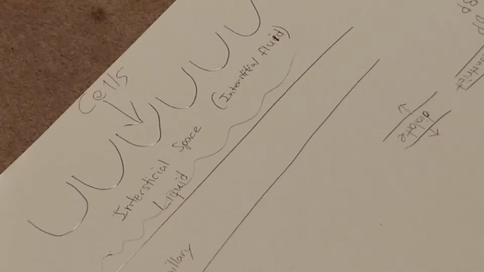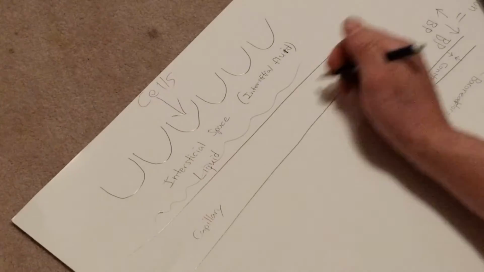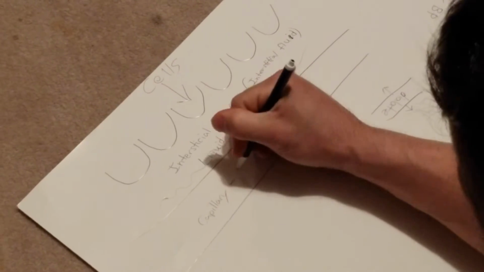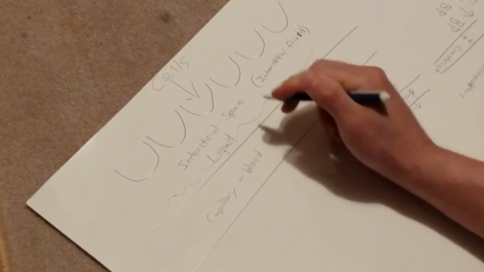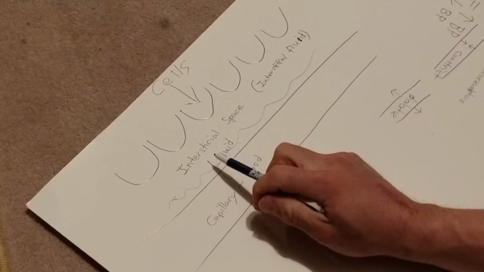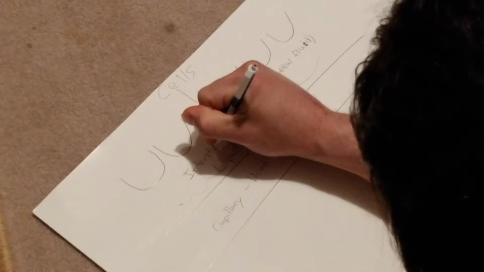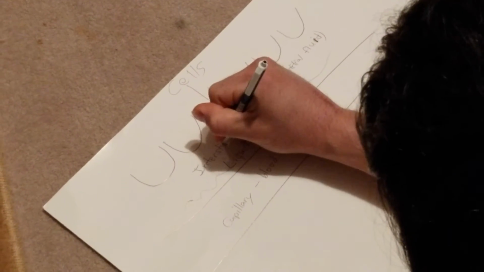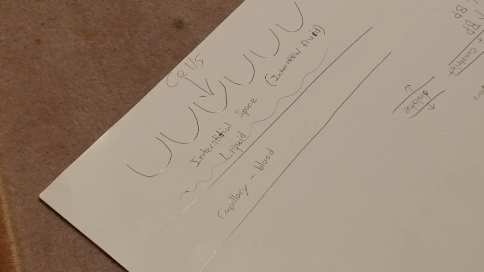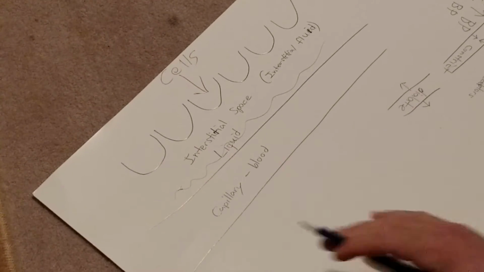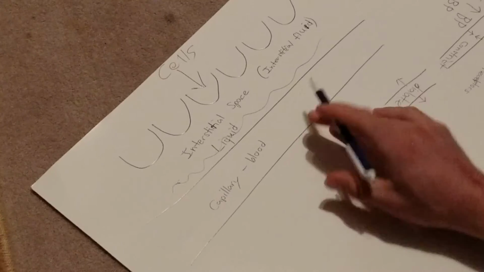Okay, so the way this works is inside of our capillaries is blood. Outside of our capillaries is interstitial space. And I totally spelled that wrong. That's a T. But so from here, we have blood. It's carrying gases.